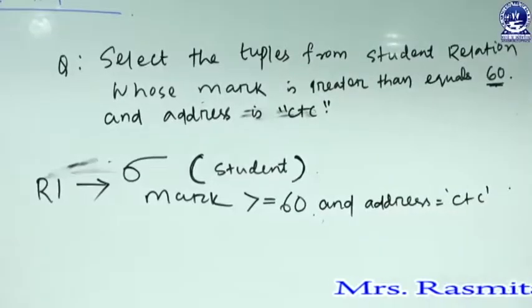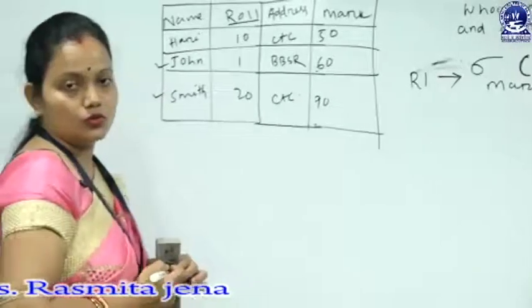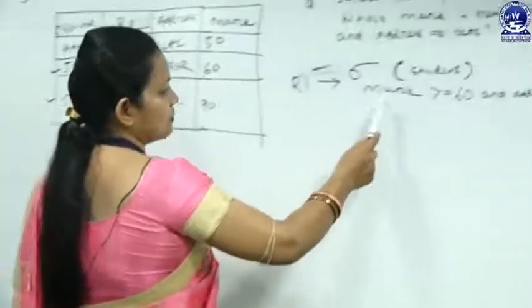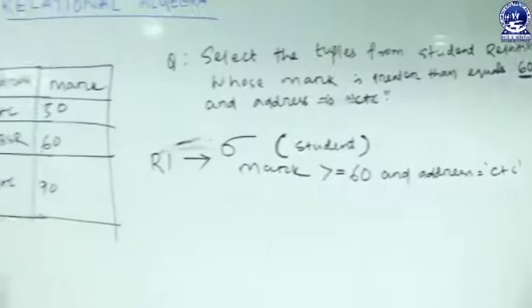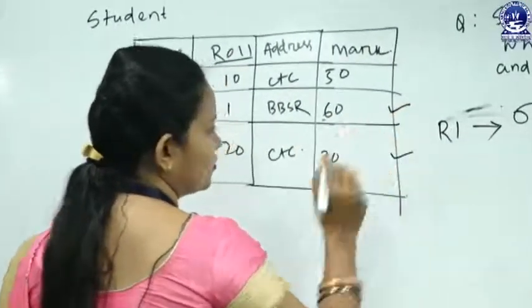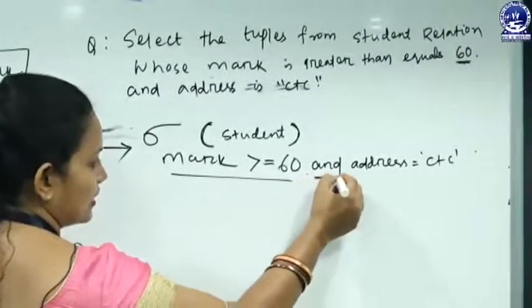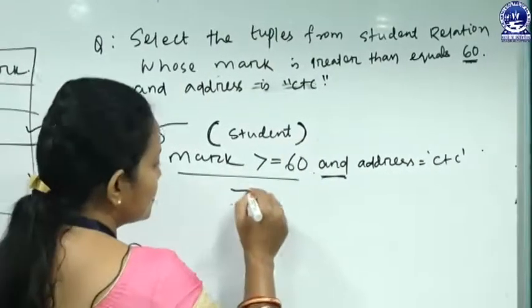So first we will check which tuples satisfy the conditions, and then we will filter those tuples from the original relation. The first condition is mark greater than or equal to 60. From this relation, tuple 2 and tuple 3 satisfy the first condition. As the logical connector AND is used, we must know that both conditions must be true.